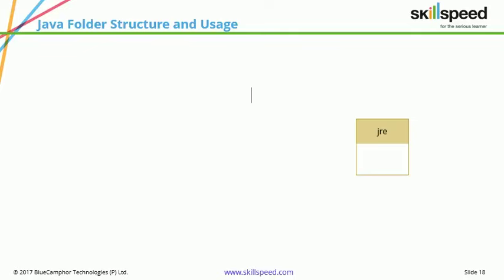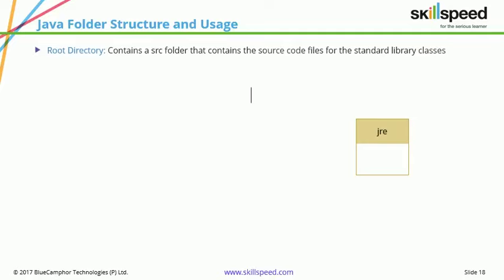We also have JDK as a physical distribution which we can download as a folder structure. If you look at the folder structure of JDK, we have a root directory for the JDK, and the root directory will contain a source.zip file, and once you have that downloaded, we have a standard library of classes.